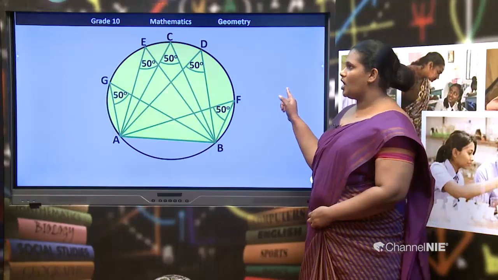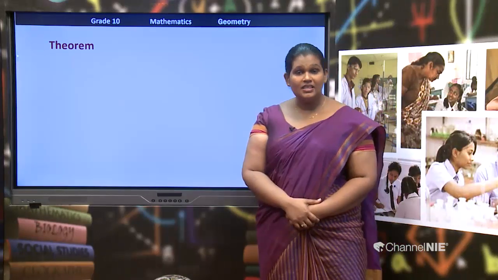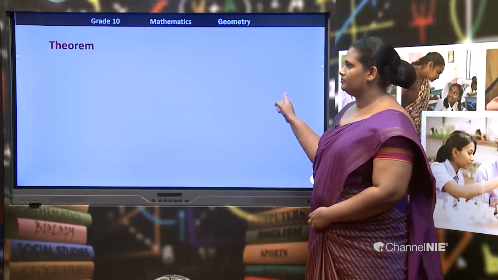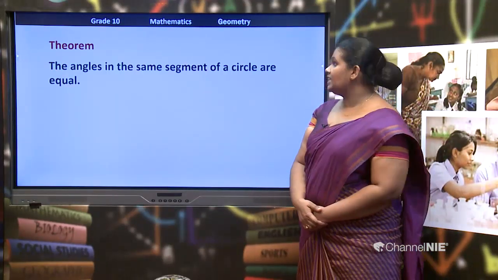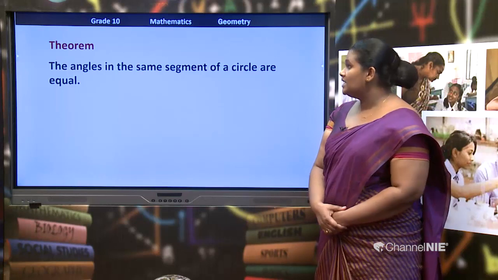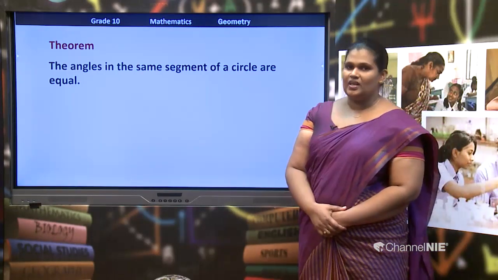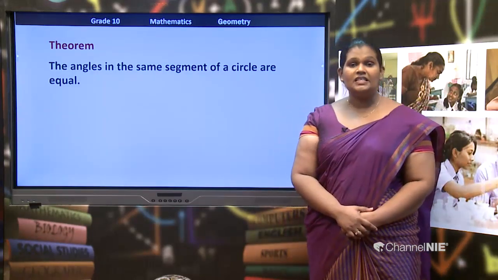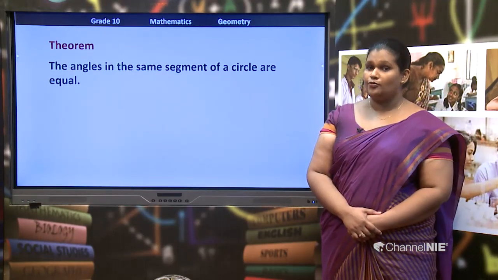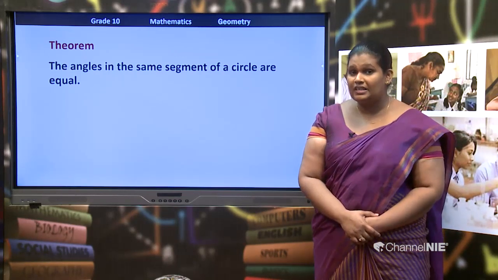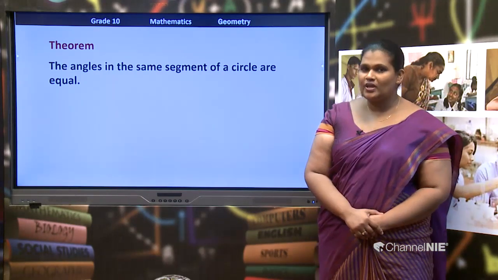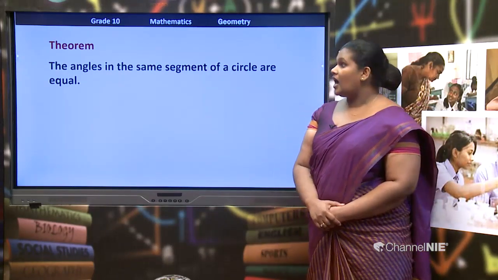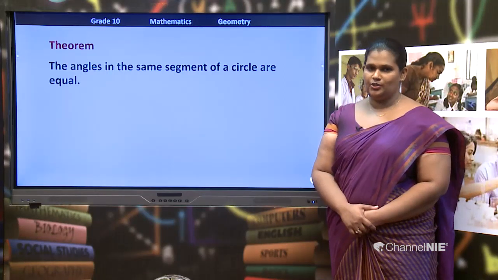Right. Now, I am going for a theorem. We can construct a theorem like this: the angles in the same segment of a circle are equal. Previously, we noted that we had all the angles on the same segment. Therefore, all the angles were equal in magnitude. Therefore, we can say the angles in the same segment of a circle are equal in magnitude.